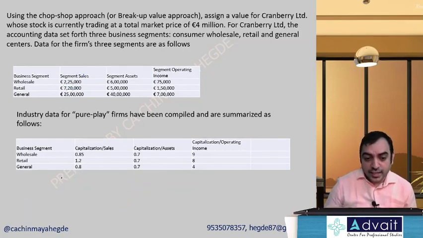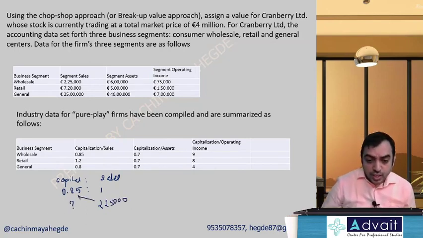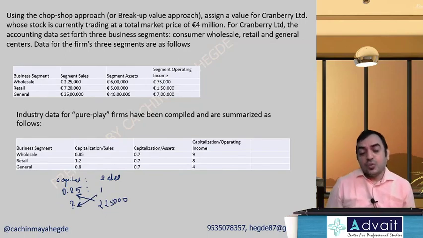Or you can also write like this for easy calculation, capitalization to sales, 0.85 is to 1. Sales is 2,25,000. How much is capital? We can simply do it by 2,25,000 into 0.85 divided by 1.